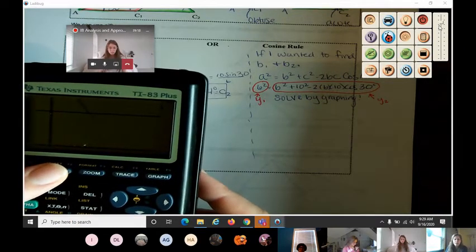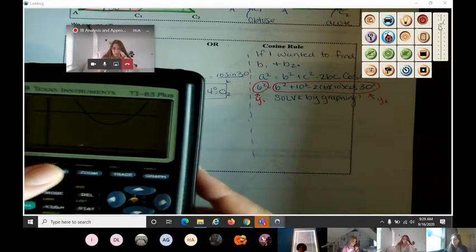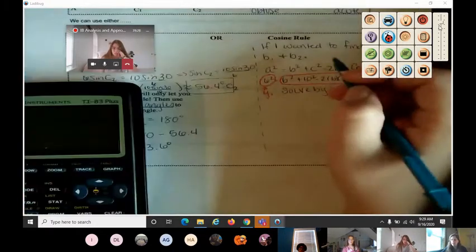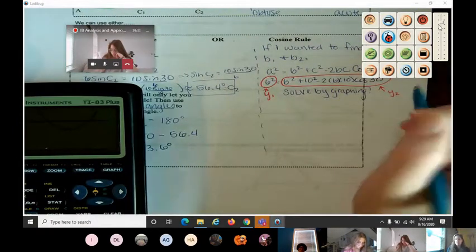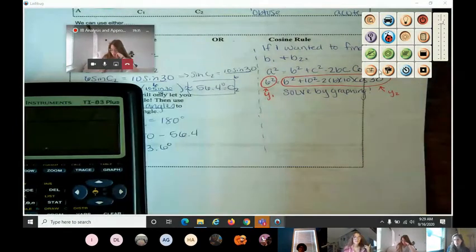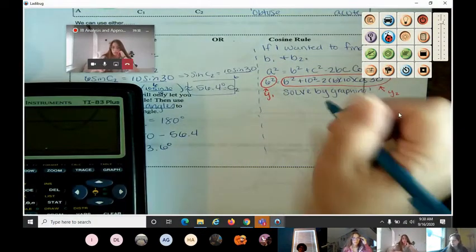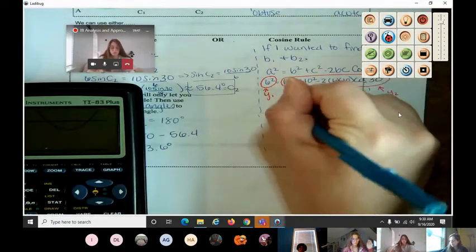So there's our first one, and there's our second one. So we have a quadratic intersecting with our line, okay? So I'm going to draw this graph out. Whenever you solve on a graphing calculator, try to practice drawing out what you got on your graph.